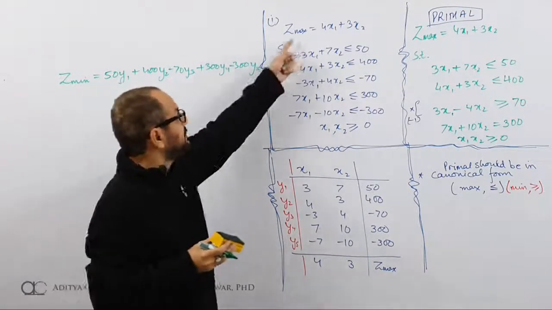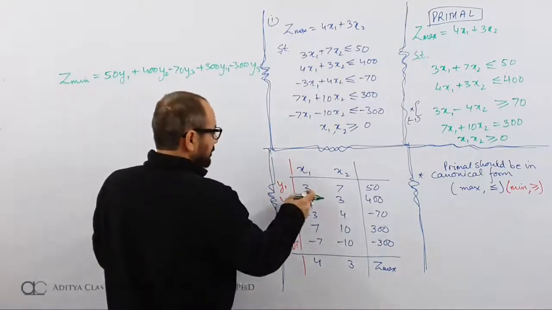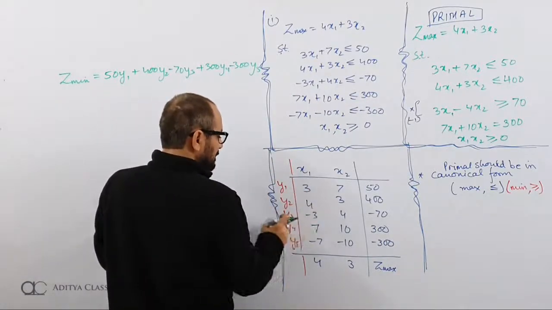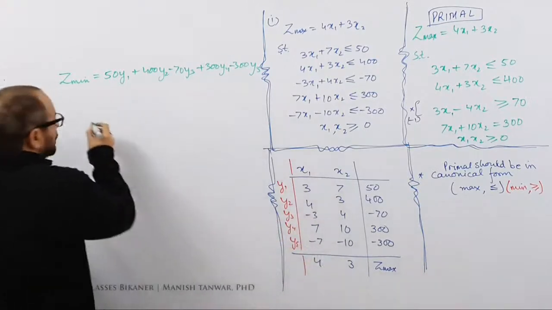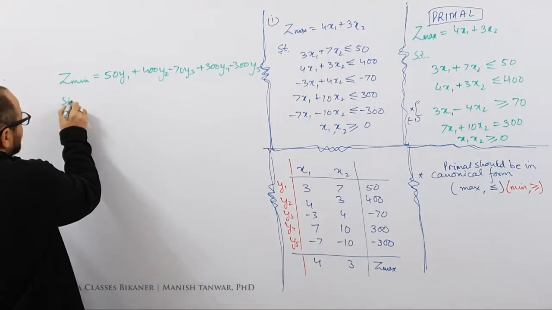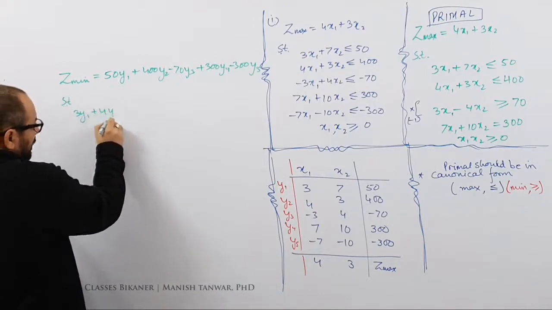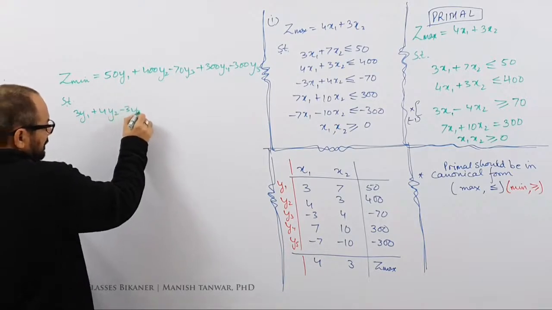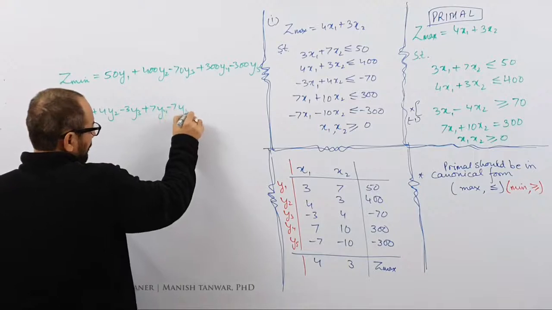So instead of max, I am having a min. Then the constraints would also be coming from here, 3y1 plus 4y2 minus 3y3 plus 7y4 minus 7y5 and 4. So my constraint would be subject to 3y1 plus 4y2 minus 3y3 plus 7y4 minus 7y5.